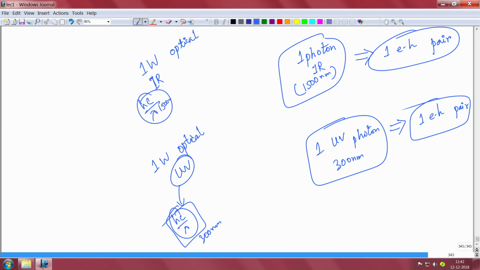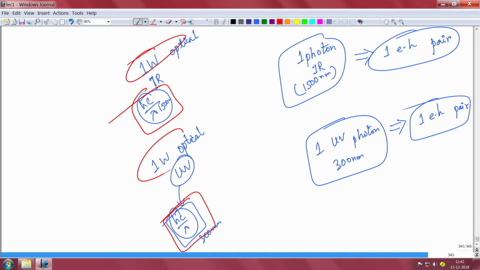So one IR photon has lower energy than one UV photon. So for the same power, 1 watt, if you find out how many IR photons there are in 1 watt, the number will be more compared to how many UV photons there are in 1 watt. You see my point? 1 watt is fixed, but the number of photons that can be accommodated in 1 watt is more in IR than in UV, because IR photon energy is less.